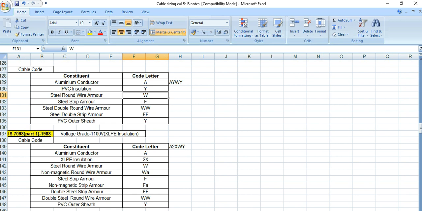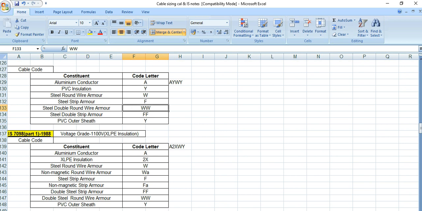And if it is F, then it is steel strip armor. Or if it is WW, then it will be steel double round wire armor.